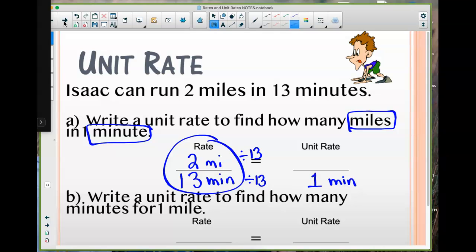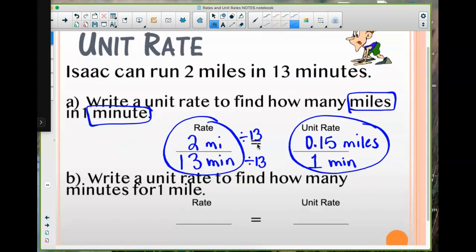And it's not a nice number. So you're going to round to 2 decimal places. So it's 0.15 miles per minute. That's the unit rate. Okay, 0.15 miles per minute.